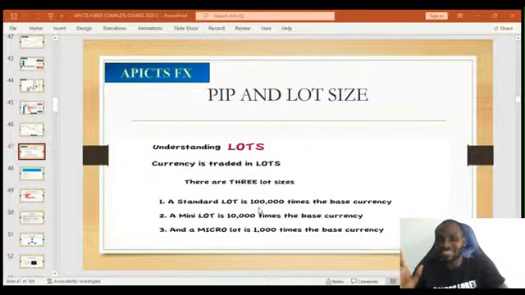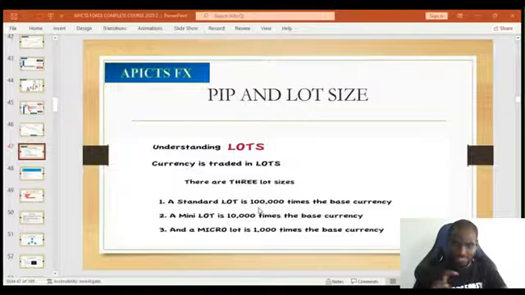Now, let me paint a scenario, and I need your attention. I need you to follow me closely here. If you go long on a market, and the market moves favorably in the direction that you have speculated, by 20 pips, remember that every price movement per pip in standard lot is $10.